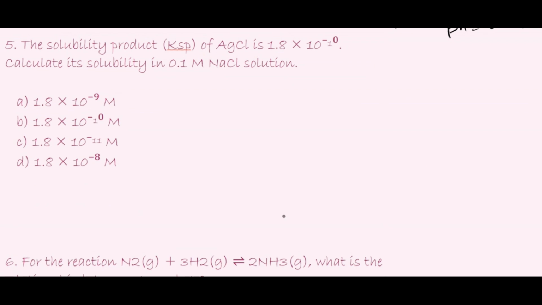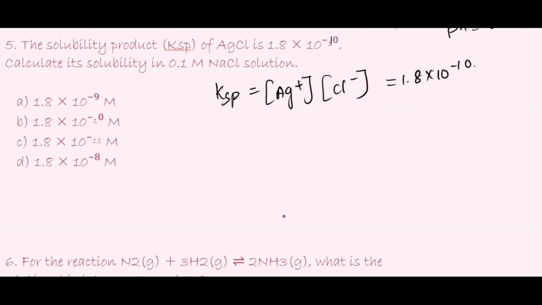Solubility product of AgCl is 1.8 into 10 to the power minus 10. Calculate the solubility in 0.1 molar NaCl solution. So they have given a very simple question. Ksp of AgCl, Ag plus and Cl minus, is 1.8 into 10 to the power minus 10. They are asking the molar solubility in 0.1 molar NaCl. So the common ion for both the salts is Cl minus, right?